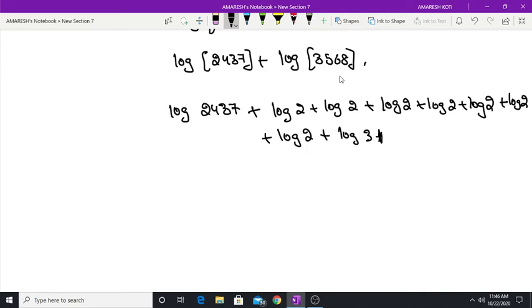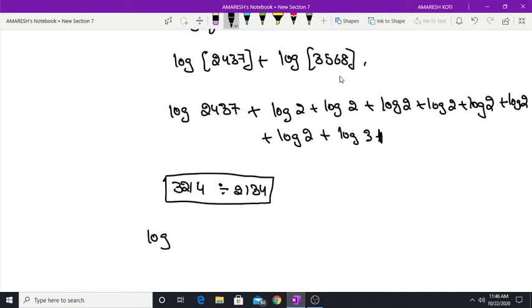So suppose we have to find 3214 divided by 2134, then how to solve? Up to now we have discussed only multiplication. Then what do we have to do if they have given division? For division also, I will tell you.